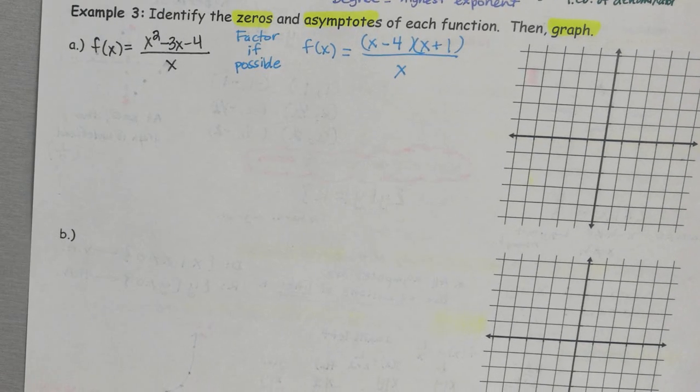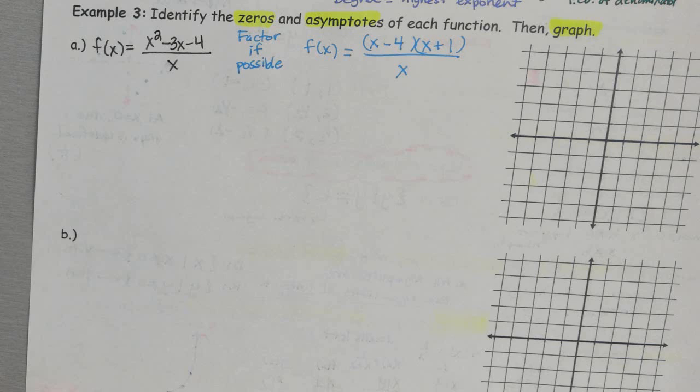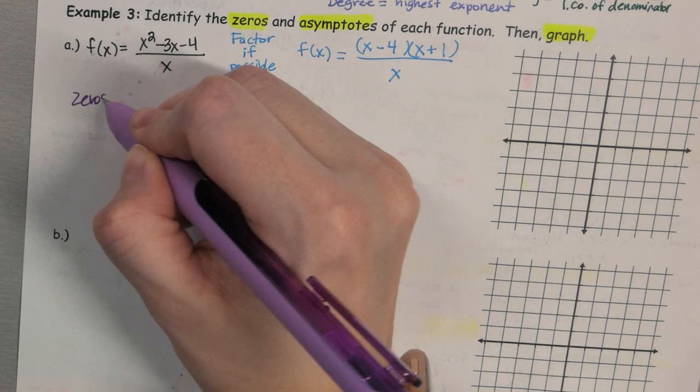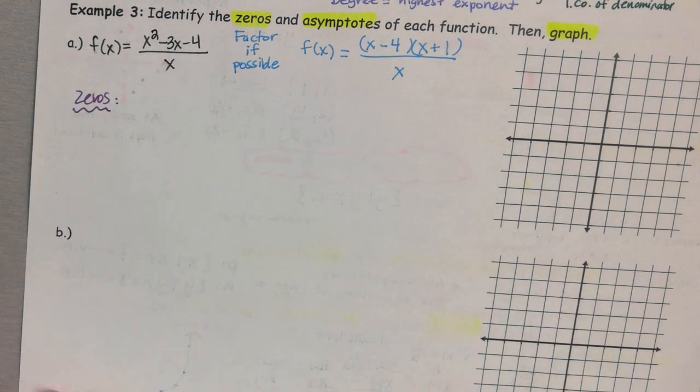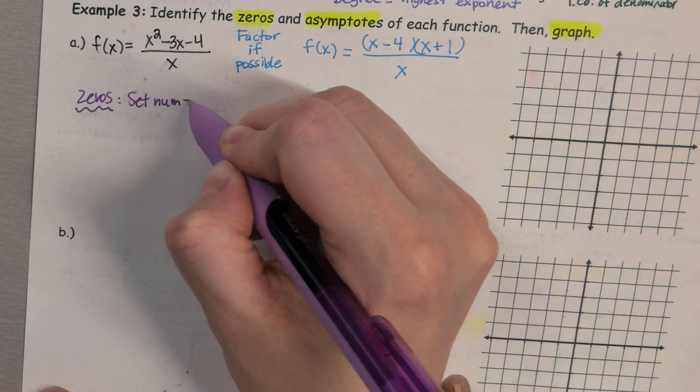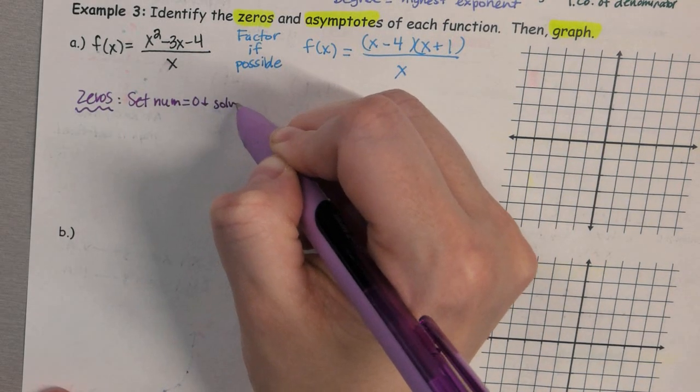And then what we're going to do from here is find the zeros. To find the zeros, this is where you set the numerator equal to 0 and solve.